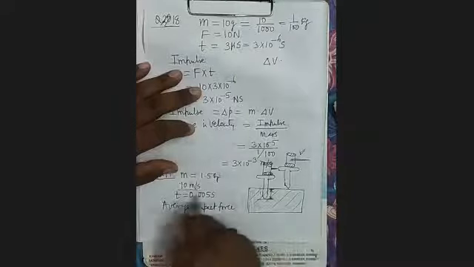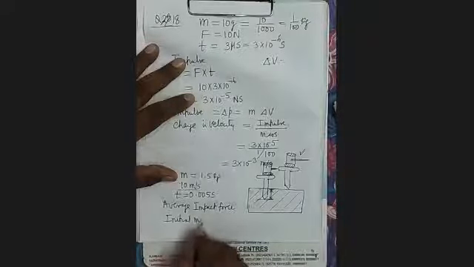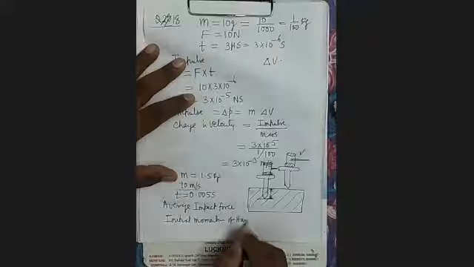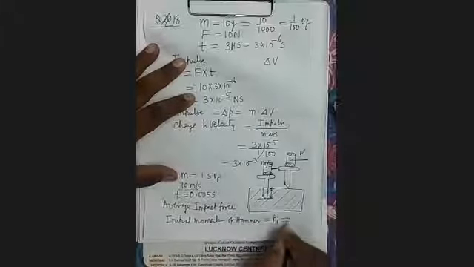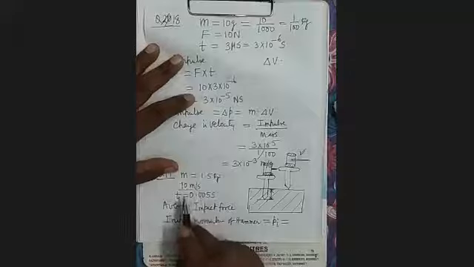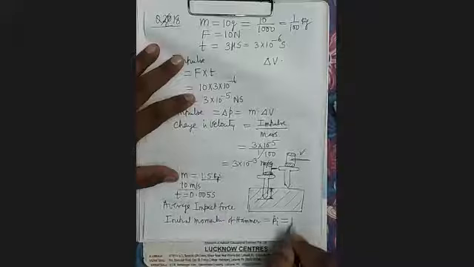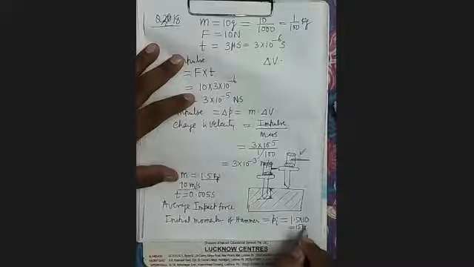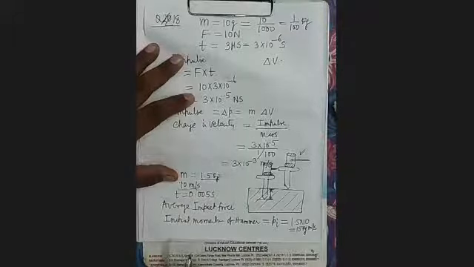So what is the initial momentum of the hammer? Pi equals mass into velocity, that is 1.5 into 10, which is 15 kilogram meter per second.